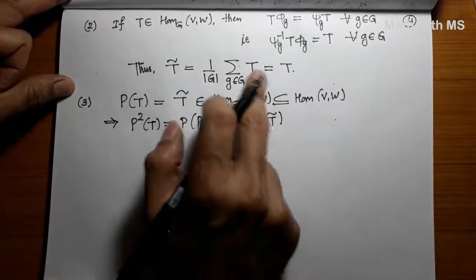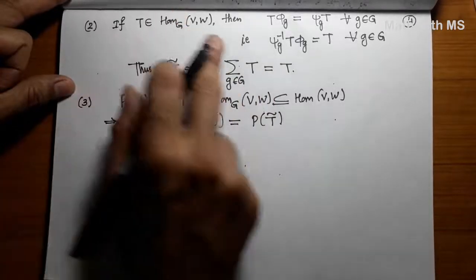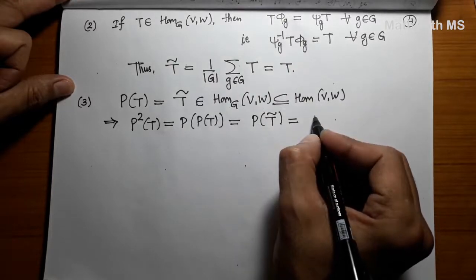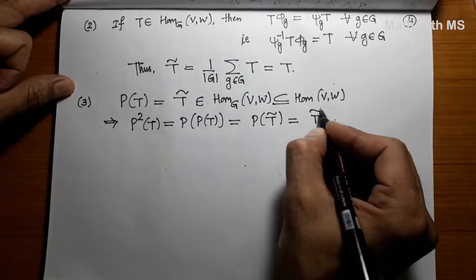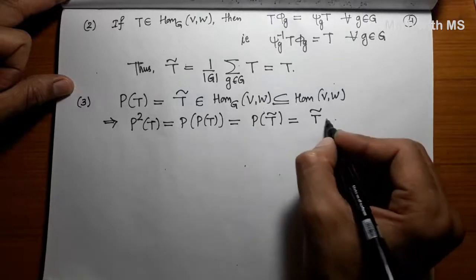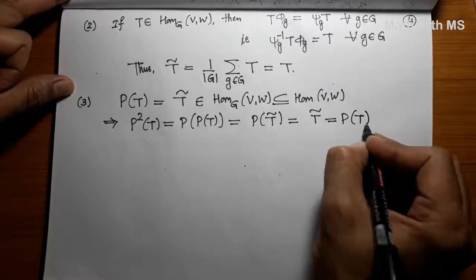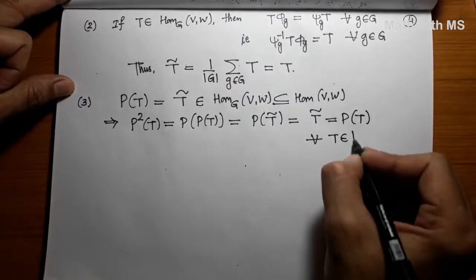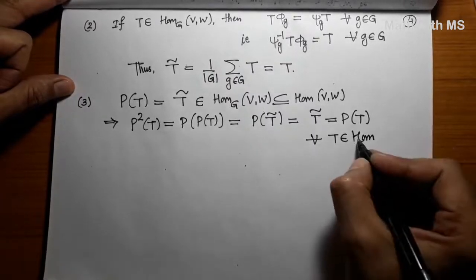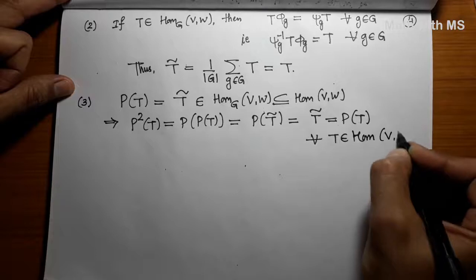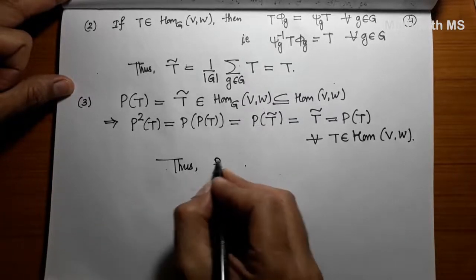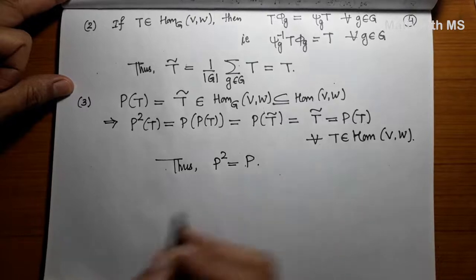But T tilde is a morphism, and on a morphism this tilde operation doesn't do anything, so this is just the same as T tilde. Okay, but T tilde by definition is just P of T, and this happens for every T in Hom(V,W). Okay, so thus your P square is just P.